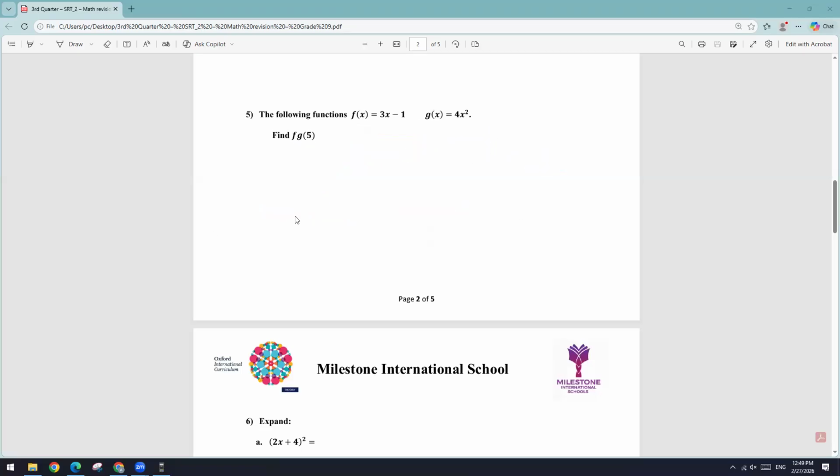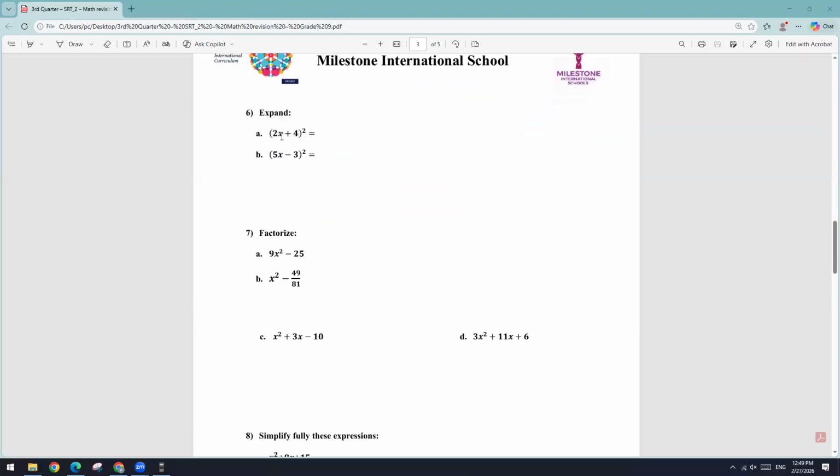Okay, next question. It says expand. Here we should write the formula, and you should memorize it, for expanding a quadratic function. So what's the formula for expanding?